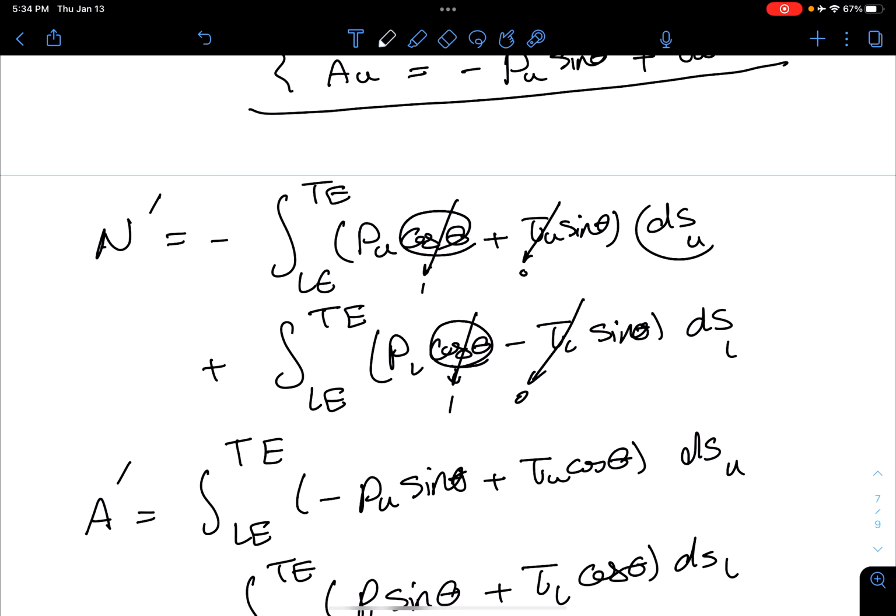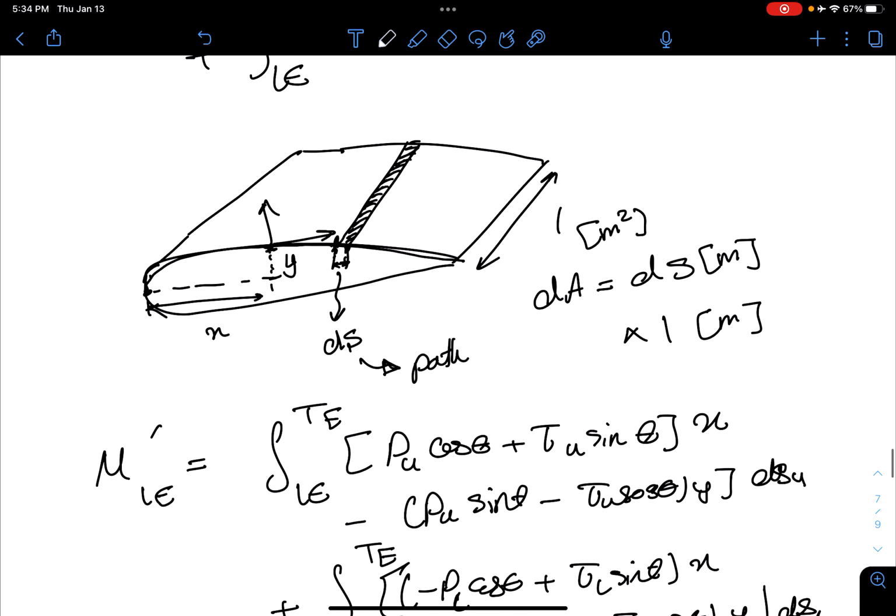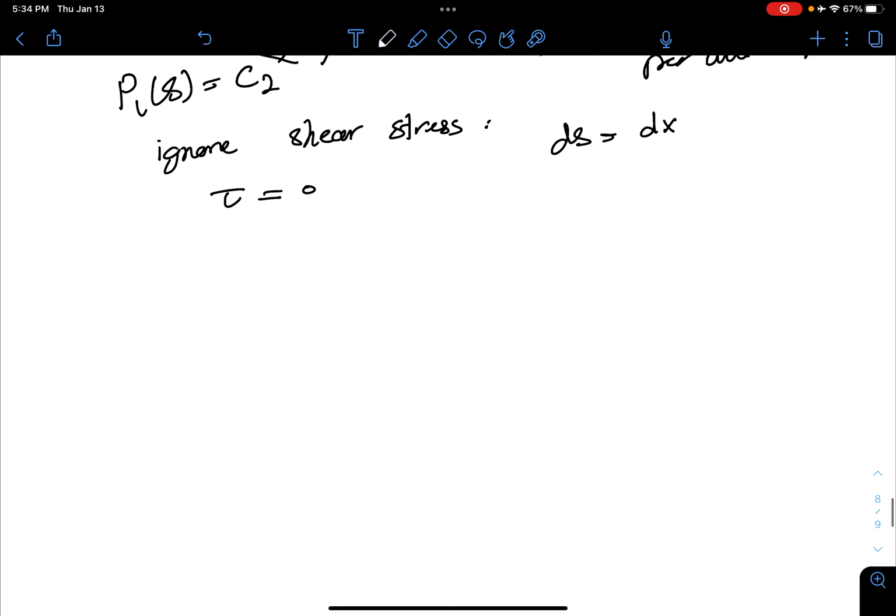And what can we say about ds? ds is dx, right? On the lower and upper surface, they are essentially the same thing. It's a flat plate. So dx. So for our problem, N prime is going to be the integral from the leading edge x0, right?